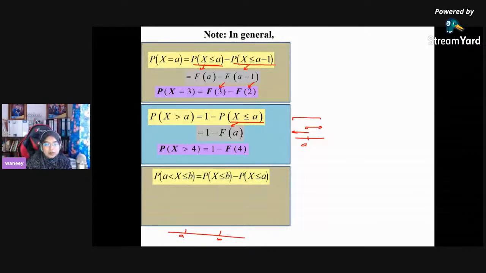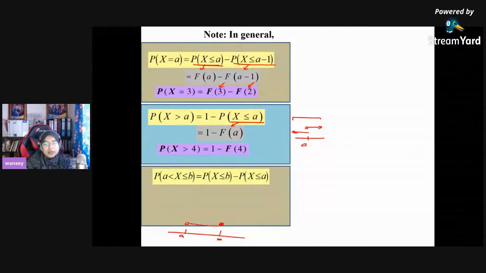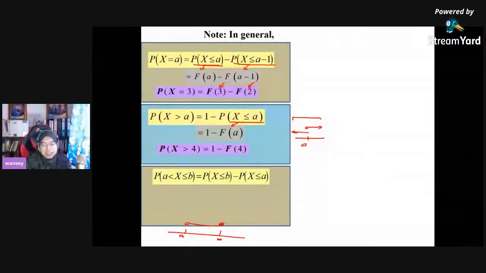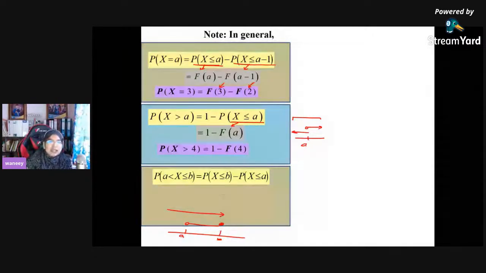So we want A until B. Okay, so I need to make sure I take the bigger first. So I'm going to start from the left hand side until I reach B, because I do B. So I have to start from the left up until B. So this is for x less than or equal to B.